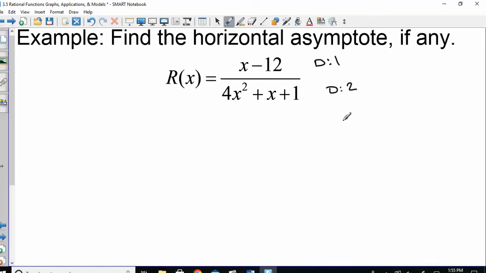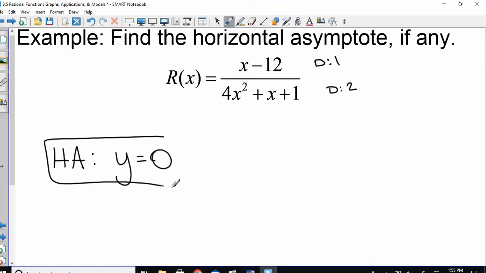The degree of the bottom is 2, because we have an x squared. So the degree on top is smaller. Look at your rules. If the top degree is smaller, what's the horizontal asymptote? Horizontal y equals what? 0. Anytime the top degree is smaller.